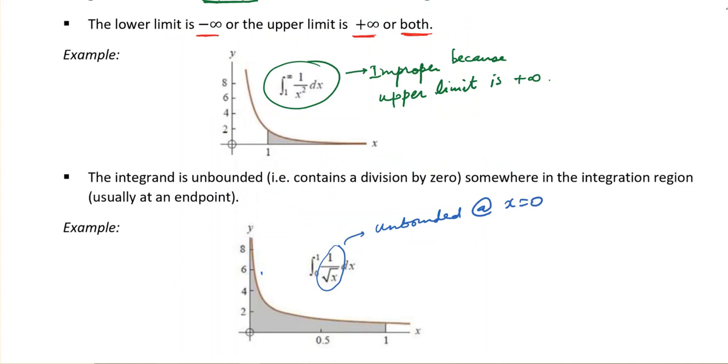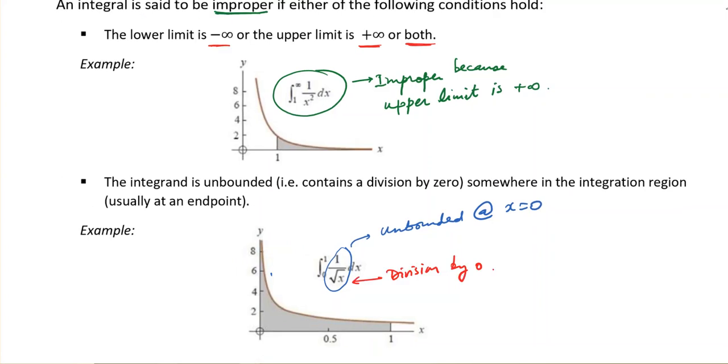Here we notice that the limits of integration are constant. They're bounded, like 0 to 1, but the integrand itself becomes unbounded at x equal to 0 because it involves 1 over 0, so it involves division by 0. From this discussion, we learned that an integral is called improper if, first, you take a look at the limits of integration.